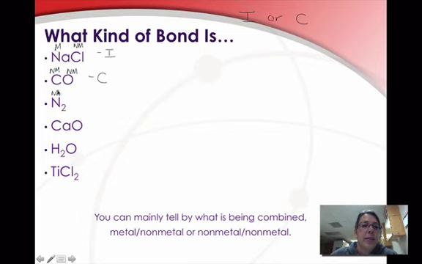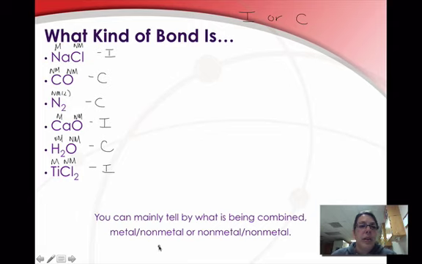This is a nonmetal, and there's two of them. So this would also be covalent. Calcium is a metal. Oxygen is a nonmetal. So this is ionic. Hydrogen is a nonmetal. Oxygen is a nonmetal, so this would be covalent. And then titanium is a metal, chlorine is a nonmetal, so this would be ionic.